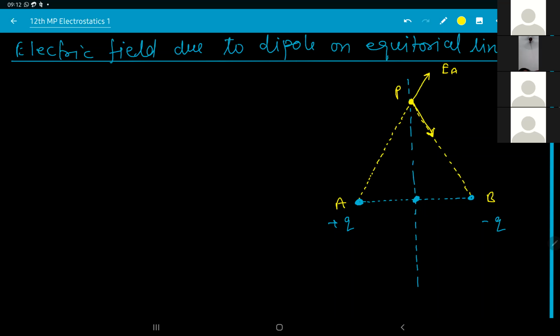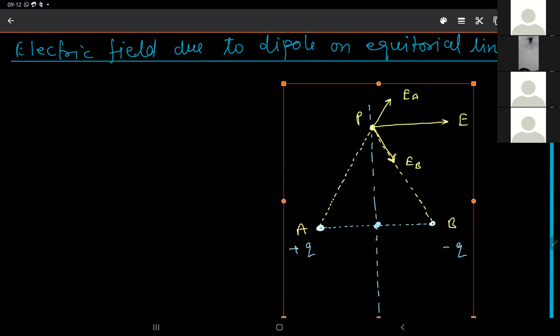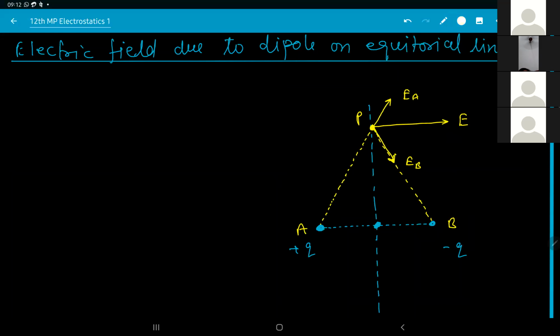So it is EB. Now the resultant electric field will be in this direction. It is E. Okay, now listen. Suppose this angle is theta.